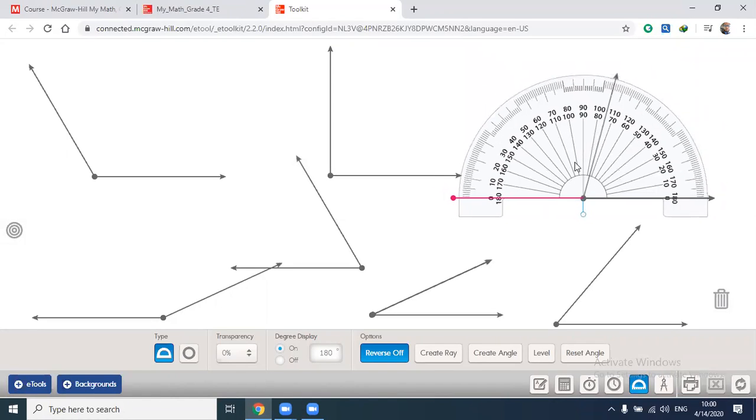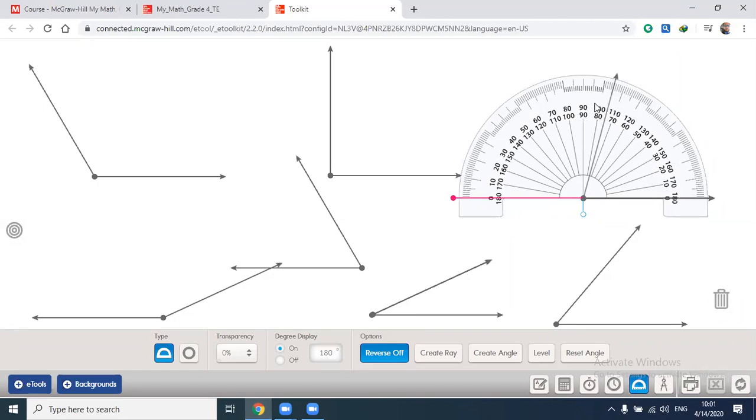Then 0 goes on the line of one side of the angle. Then come from this side to reach the other side: 0, 20, 40, 50, 60, 70, between 70 and 80, so it is 75.